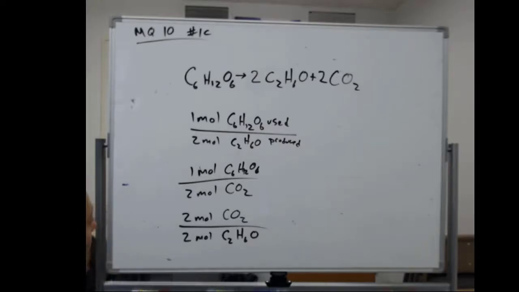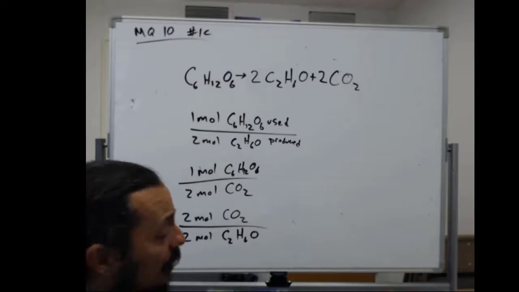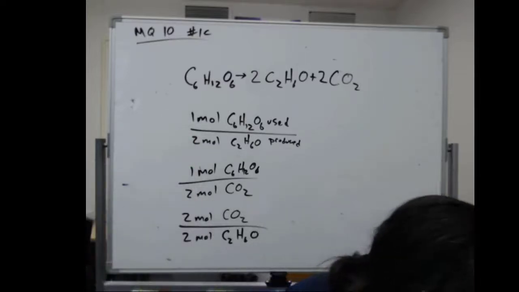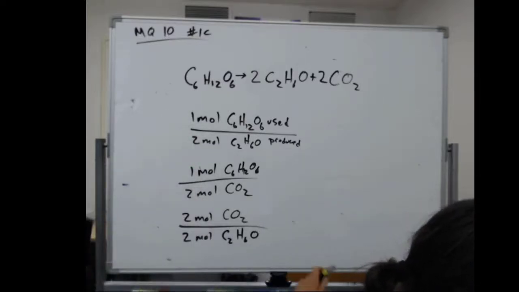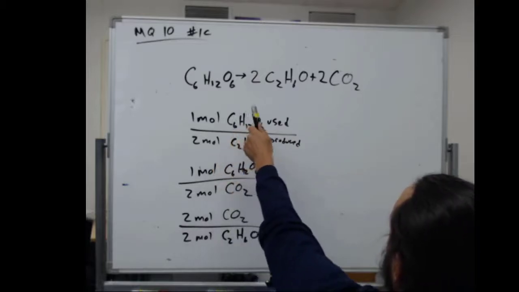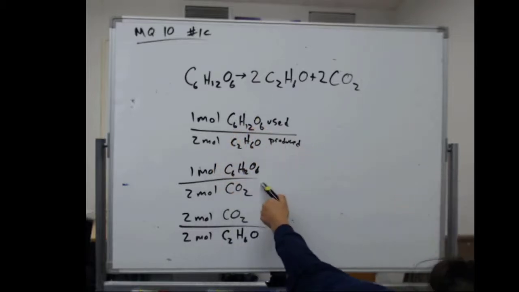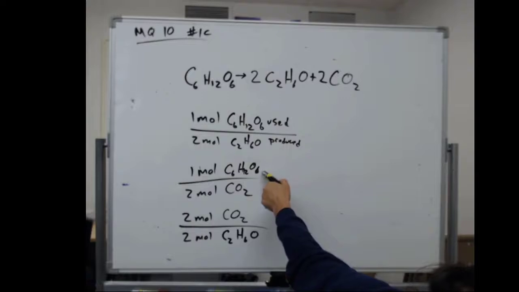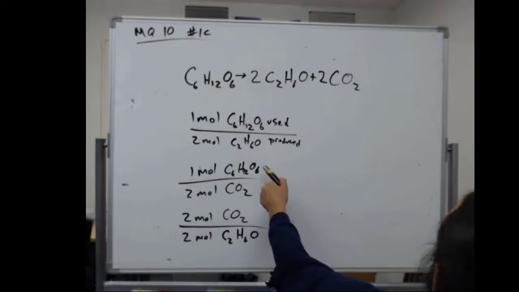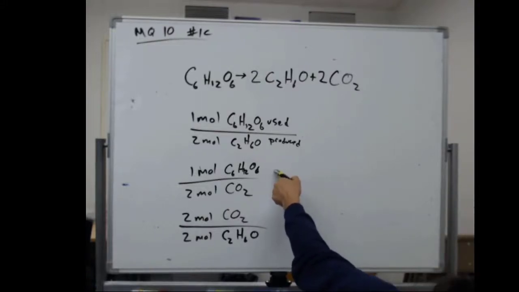So for this particular question, let's see. For part A, we use the second one, because that's asking about CO2 produced from the C6H12O6. For part B, we're also using this one because it's asking about the moles of CO2 produced.